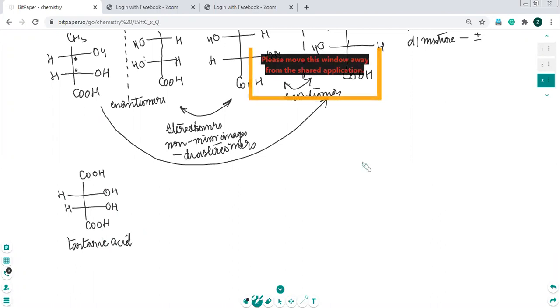Okay. Now, tartaric acid. Can you draw all the four isomers of this? Just draw all the four isomers of tartaric acid. Do it quickly.